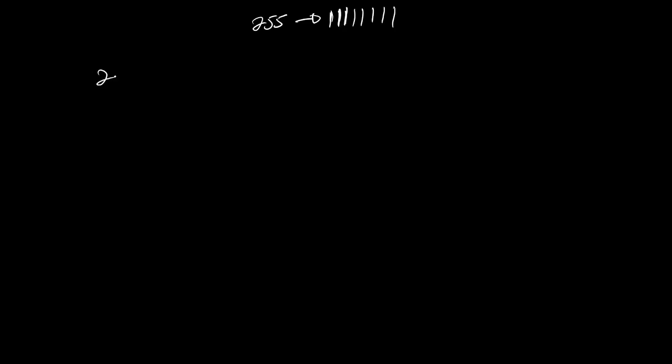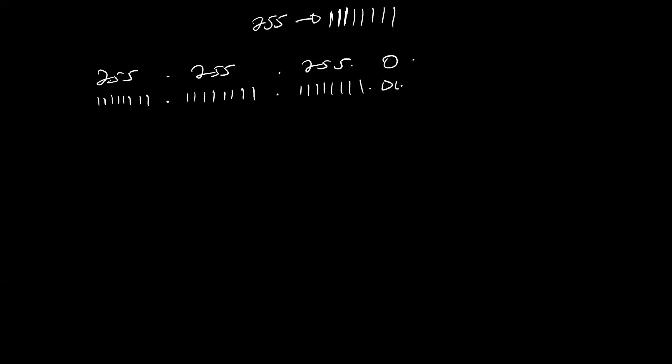So 255.255.255.0 can be written as 1, 2, 3, 4, 5, 6, 7, 8, dot 1, 2, 3, 4, 5, 6, 7, 8, dot 1, 2, 3, 4, 5, 6, 7, 8, dot 0, 0, 0, 0, 0, 0, 0, 0. Do we agree?